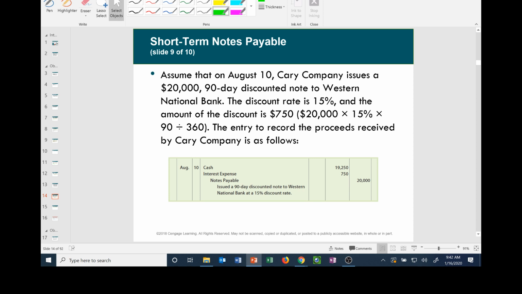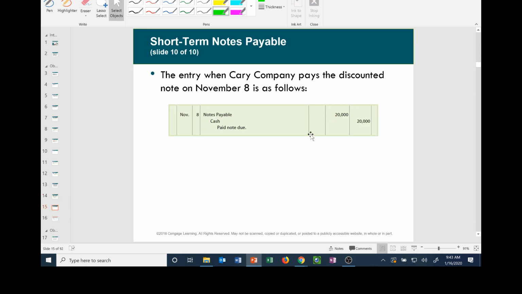So if you ever borrow money on an interest-bearing note, it's the true APR. This APR is probably up somewhere around 16%. So don't borrow money this way where they take interest out up front. Then when you pay it off, you don't have to worry about interest expense though. You debit the note and credit cash.